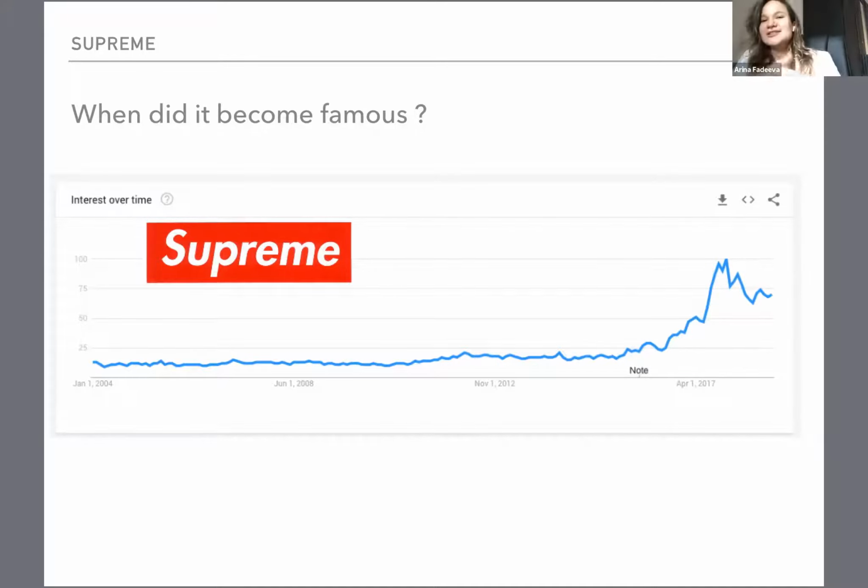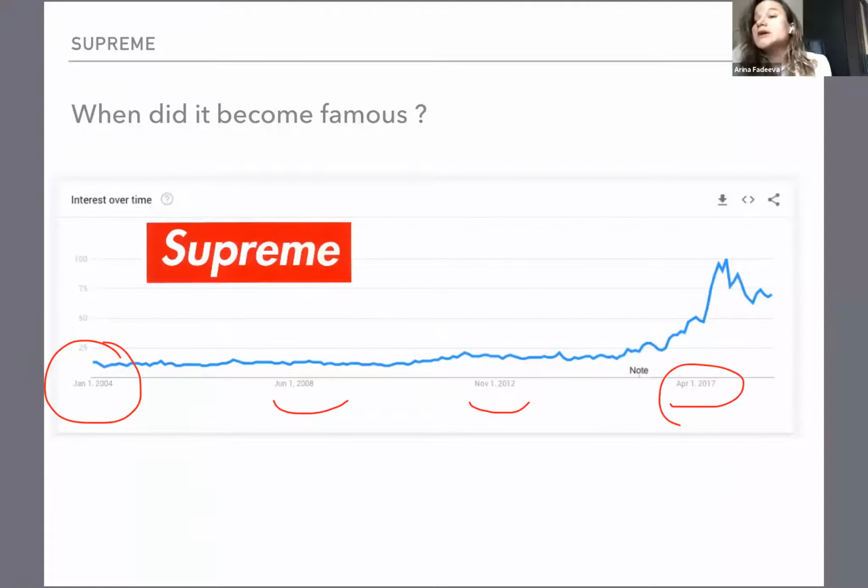When did Supreme become famous? Let's see. So it's January 2004, 10 years after it was established, right? Then 2008, 2012, and April 1st, 2017. Look here. So it became really famous.